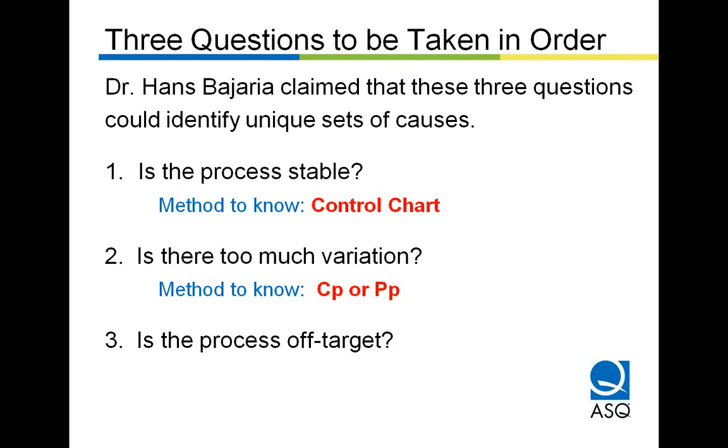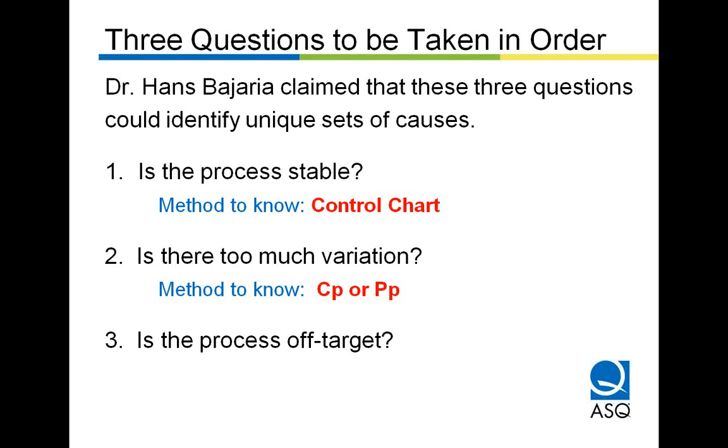If we don't have a CP value greater than 1.67, then we can't very well achieve a CPK value of greater than 1.67, even if we're right on target. We have to have a value greater than we're trying to accomplish for our value of CPK, which relates to Hans Bajaria's third question.